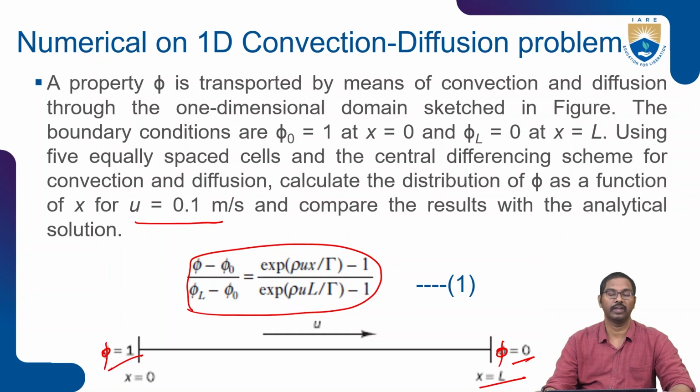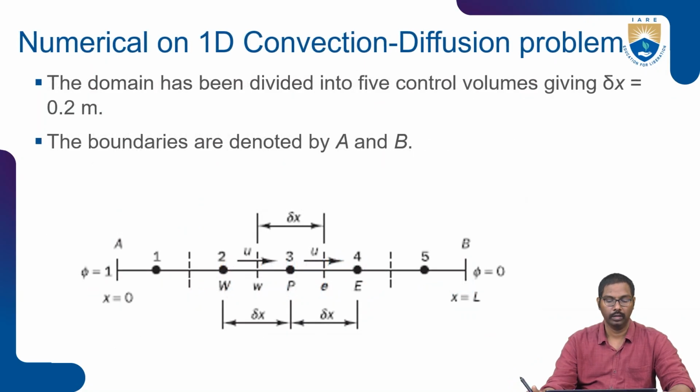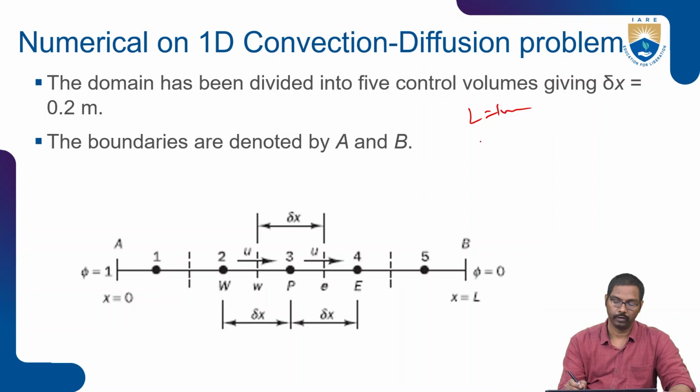That discretized equation is solved for the given boundary conditions to find the unknowns in the problem. As the domain is divided into 5 equal parts and the length is equal to 1 meter, delta x equals 0.2 meter.